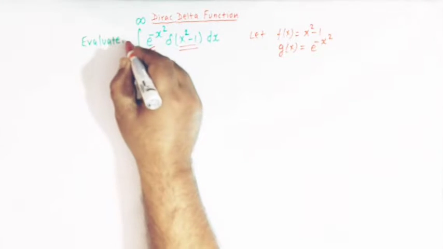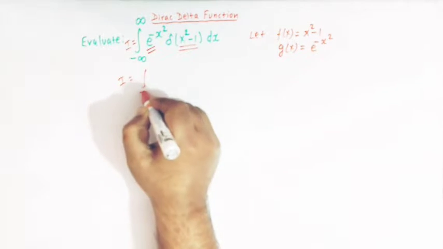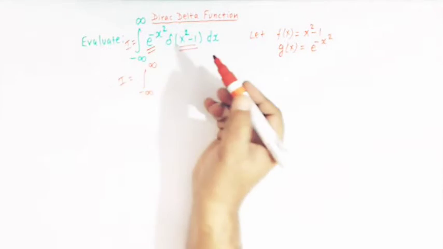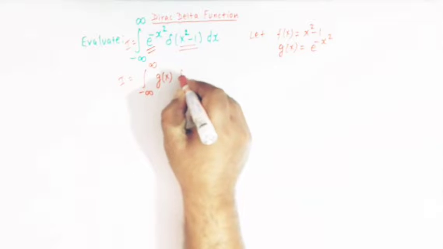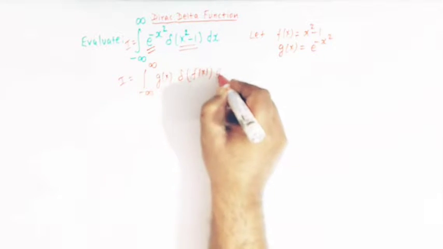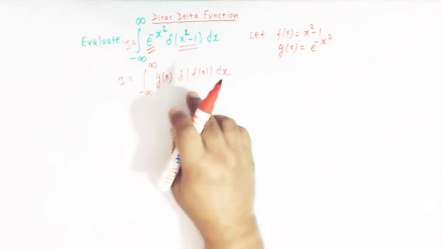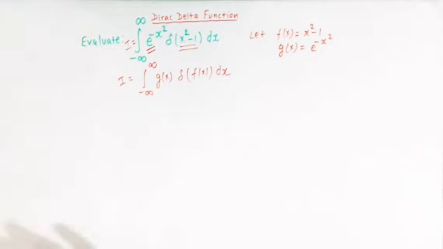So now our integral can be written as the integral from minus infinity to infinity of g of x times delta of f of x dx. To move further, we'll make use of an important property of the Dirac delta function.